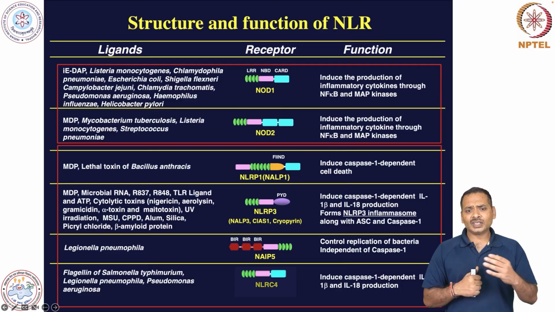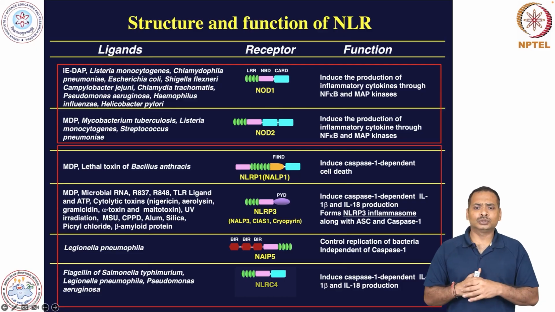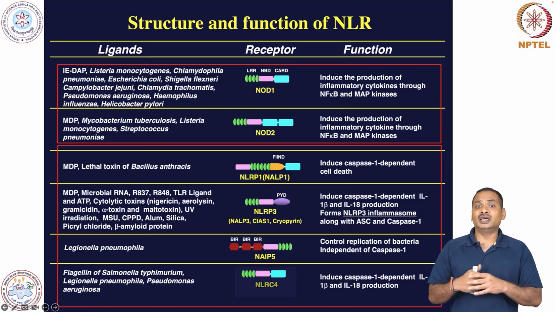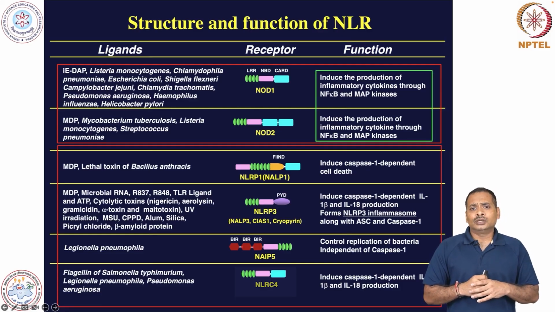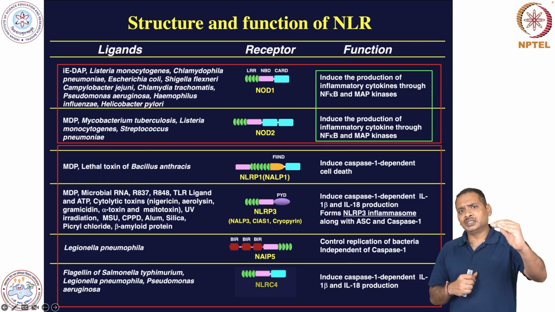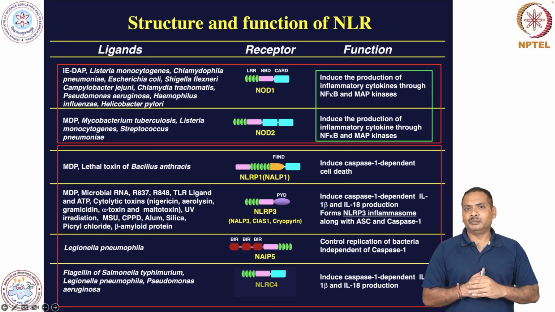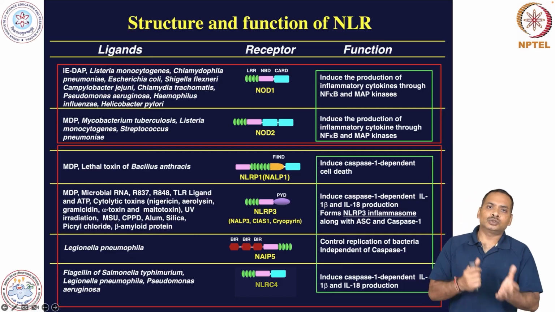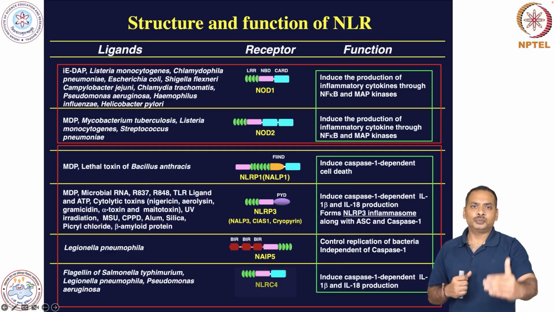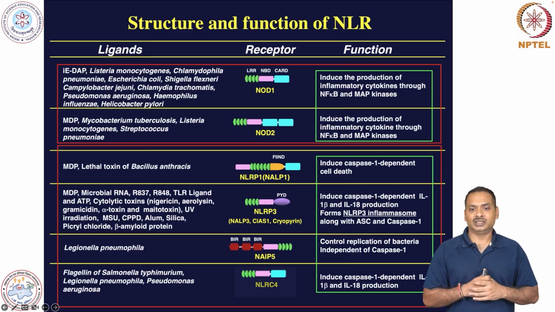This inflammasome also induces caspase 1, IL-1 beta, and IL-18 production. So you can see there are two distinct categories. One is activating NF-kappa B and MAP kinases, and another is inducing inflammasome-mediated cell death or production of IL-1 family cytokines.